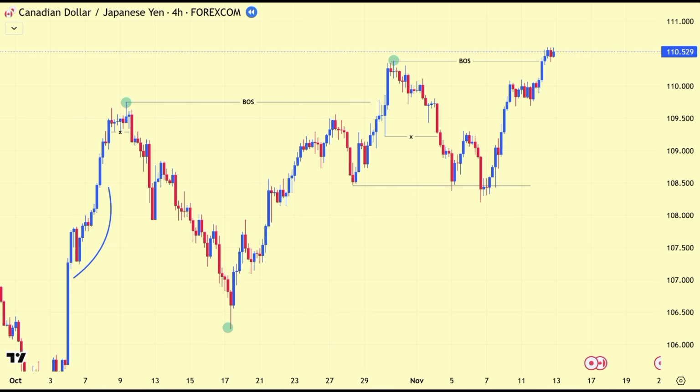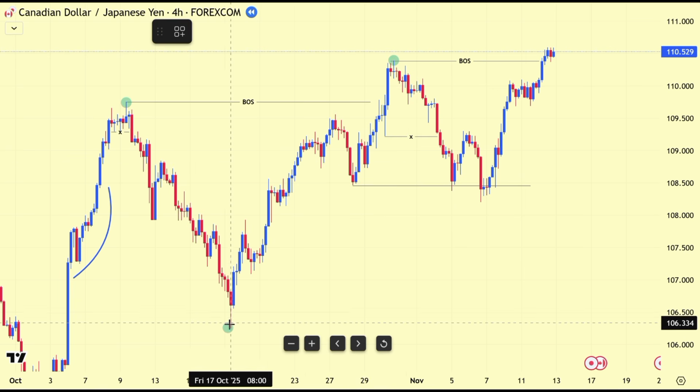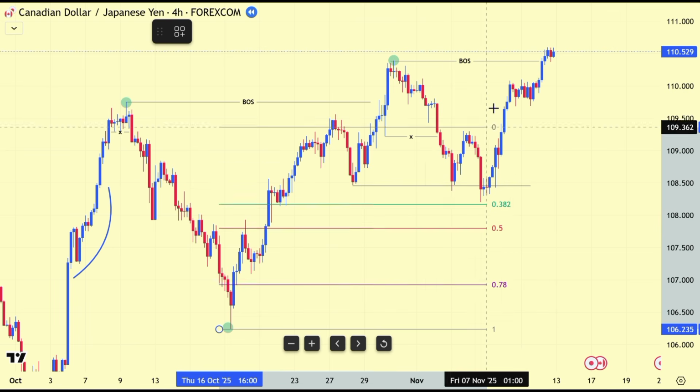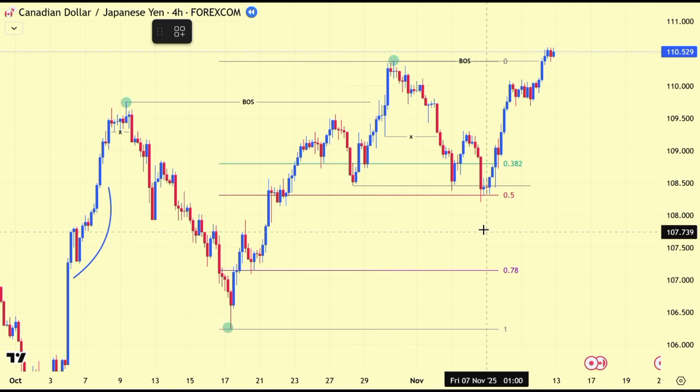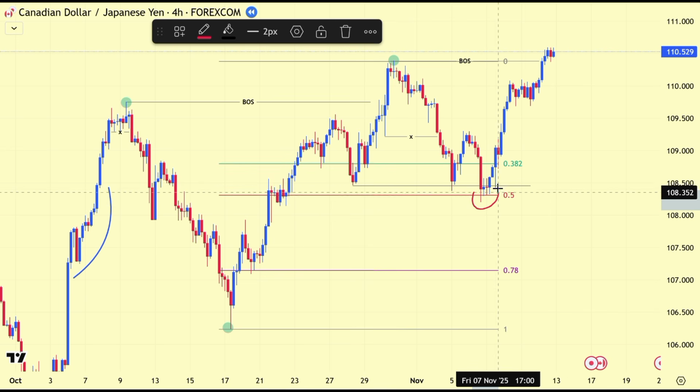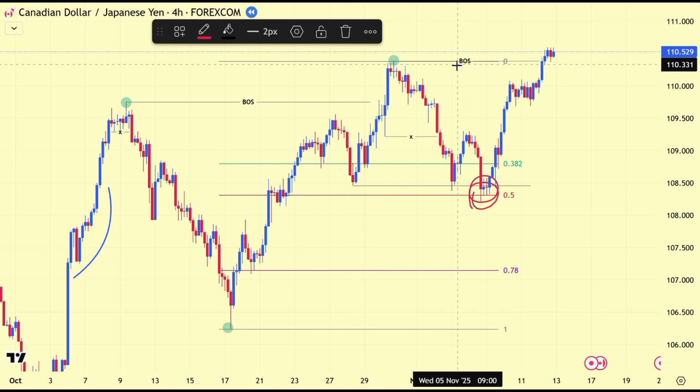It doesn't matter major or minor, and also that retracement should be deep enough. By deep enough, I mean a 50% retracement. If I measure this retracement, we can clearly see that this retracement made it to the 50% of our dealing range exactly right there. So what does this mean? This means that this one here is a strong break of structure.